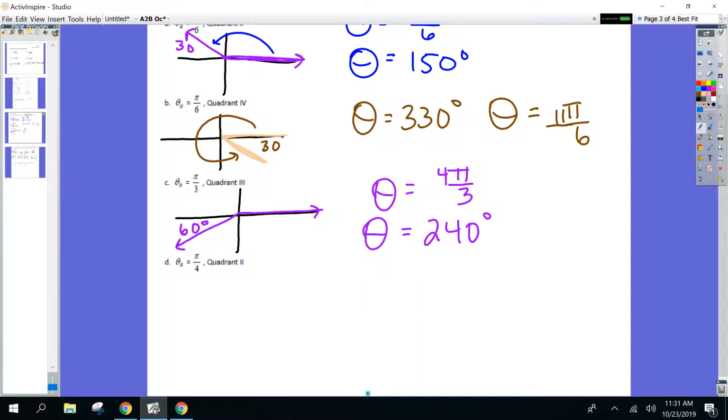Okay, and then now let's go to quadrant 2. We've been there, but pi over 4? 45, yep, 45.